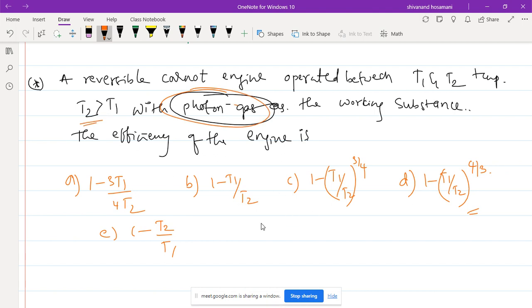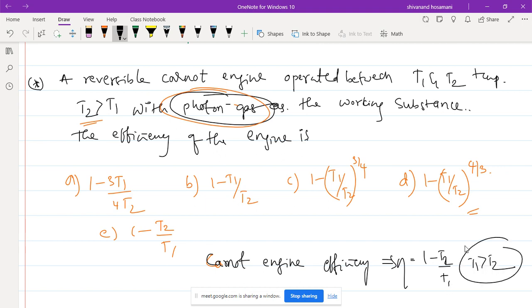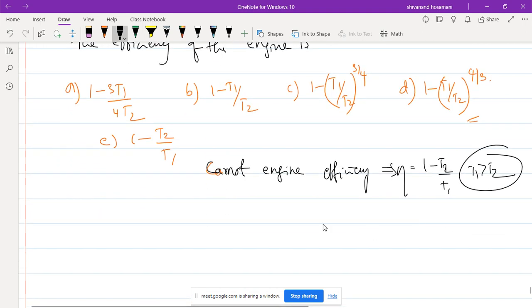So Carnot engine efficiency is eta equal to 1 minus T2 by T1. Here T1 was greater than T2, but here it is given in reverse. Following the same process, if T2 is greater than T1, then efficiency is 1 minus T1 divided by T2.